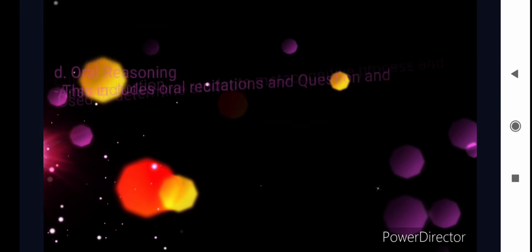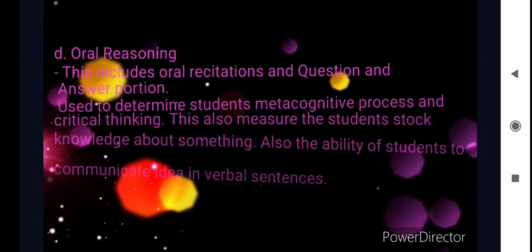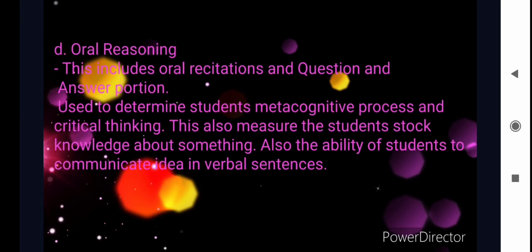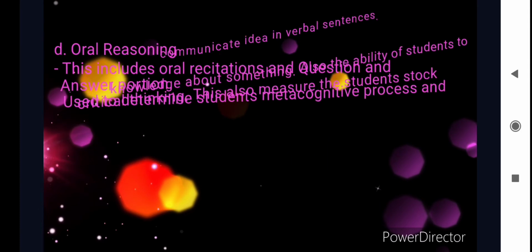D. Oral questioning. This includes oral recitations and question and answer portions used to determine students' metacognitive process and critical thinking. This is also the ability of students to communicate ideas in verbal sentences.